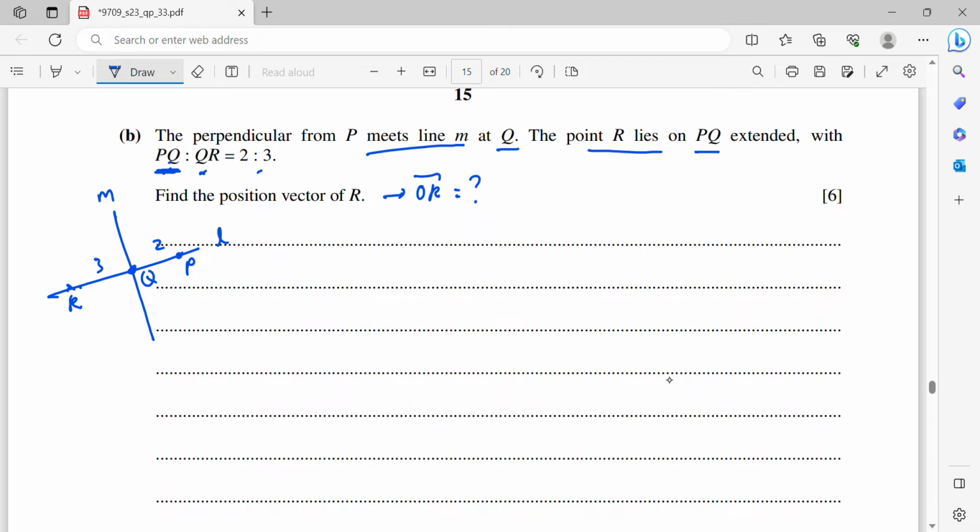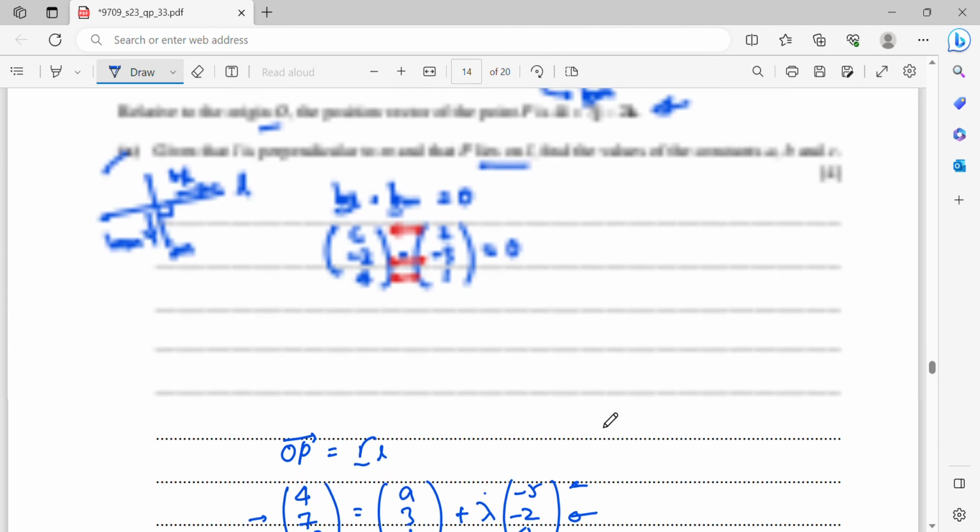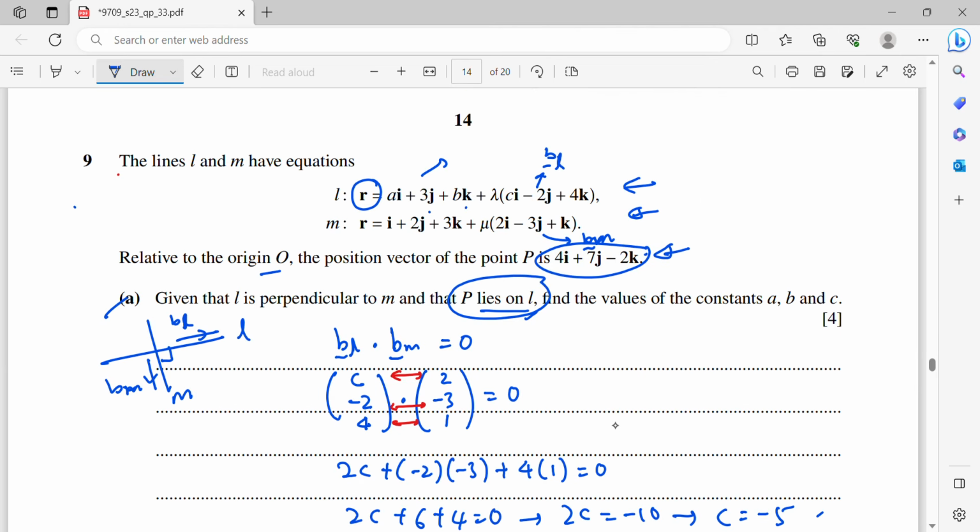So the Q is the intersection point between the line L and line M. So now I will rewrite my line L. Replace the A, replace the B, replace the C, right?